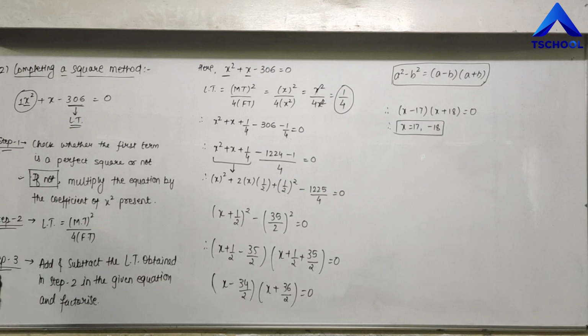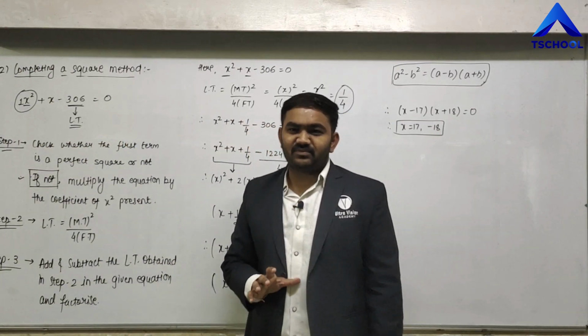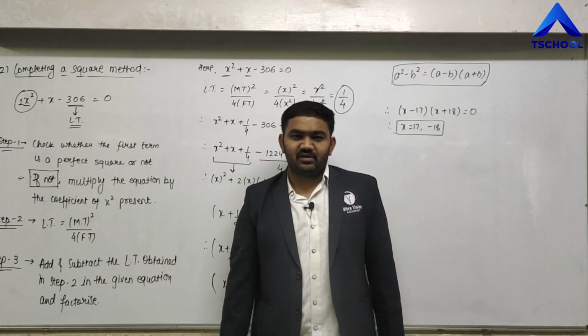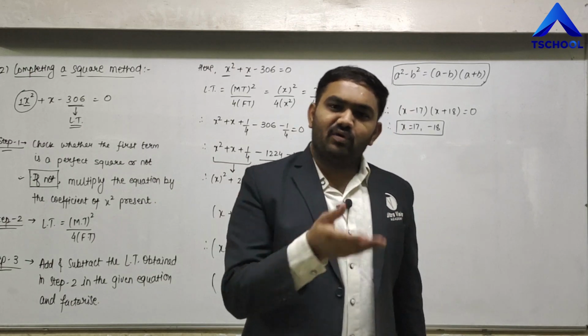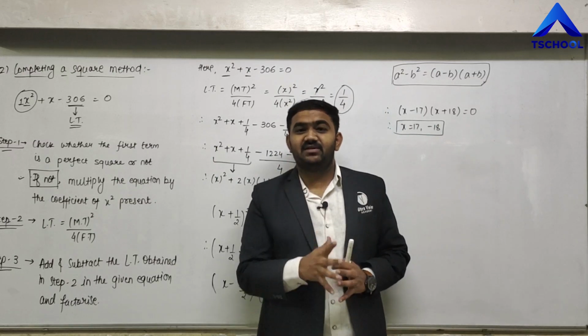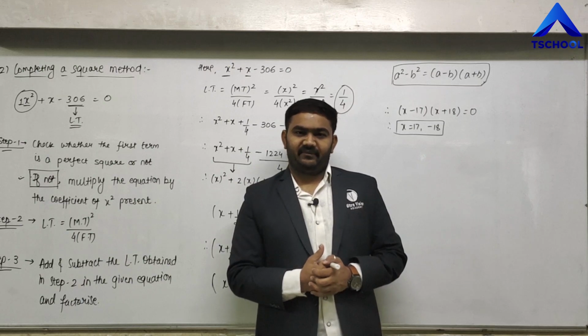So the first term, that means the coefficient of x square, must be a perfect square. If not, then multiply the equation by the coefficient of the x square present over there. That means if it is 2x square, then multiply the whole equation by 2. If it is 3x square, then multiply it by 3. But if it is a 4x square, then don't multiply, because it is already a perfect square, right?